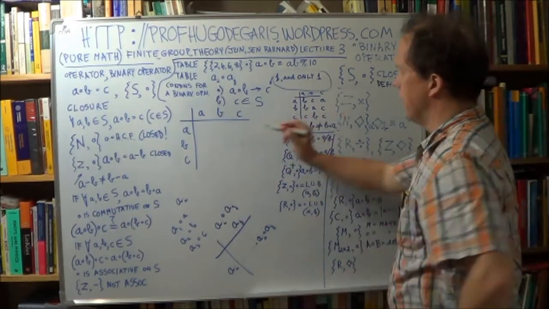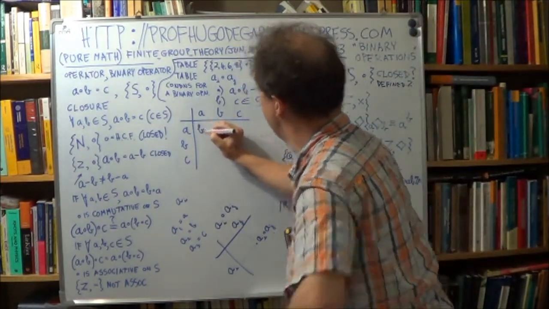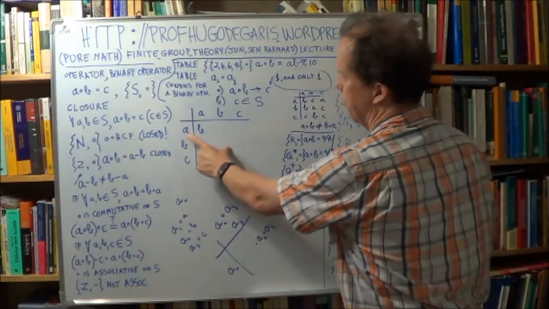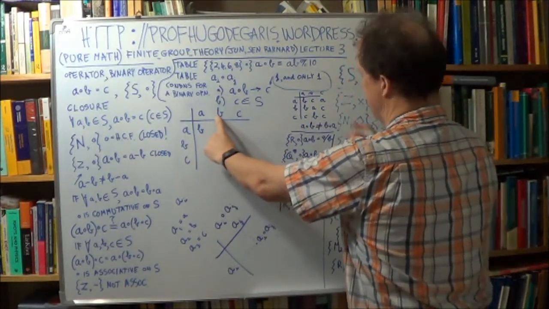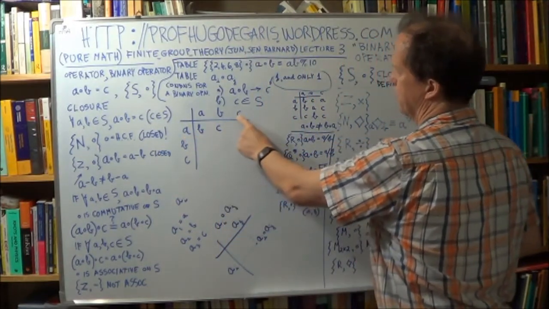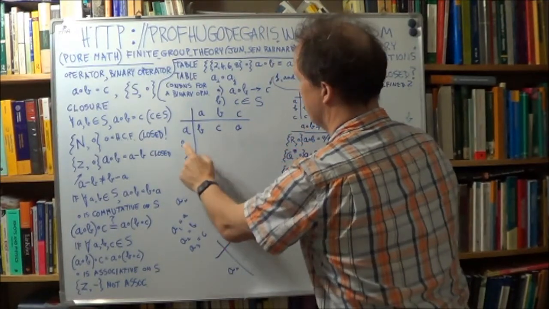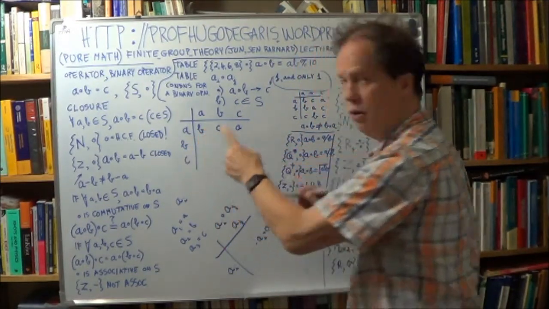So if you do A operator A, let's say you get B. I'm just writing this out. If you do A operator B, you'll get C. A operator C gives you A. Now B, A, note the order.